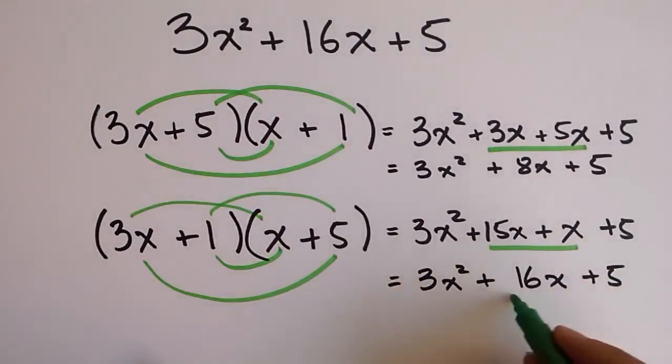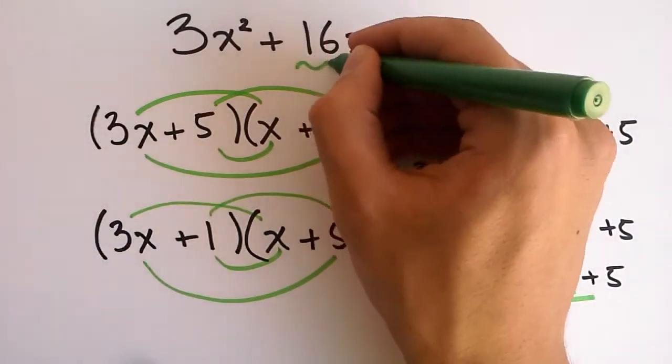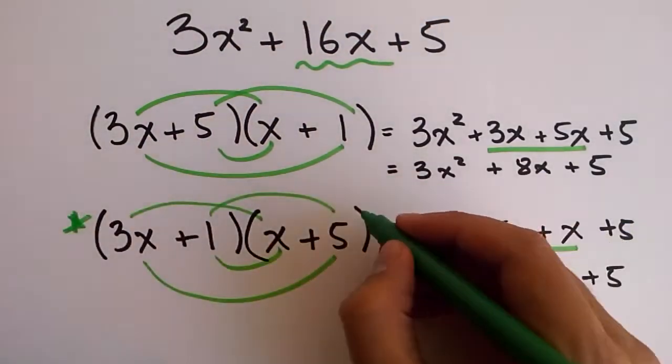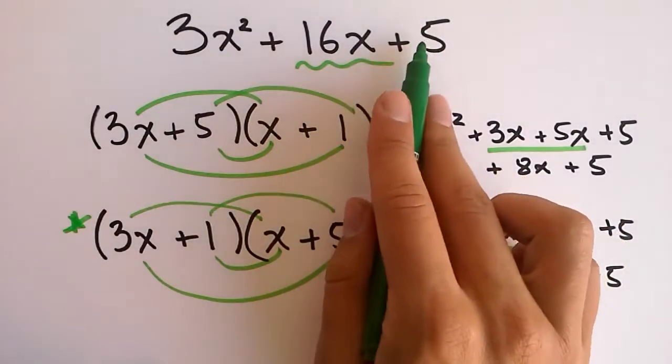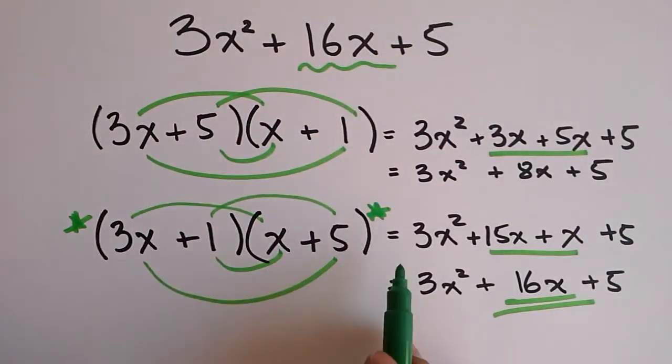Notice that this one gave you 16x as your middle term. That is what you're looking for. That means that this is our solution. The factoring for this expression is 3x plus 1 times x plus 5.